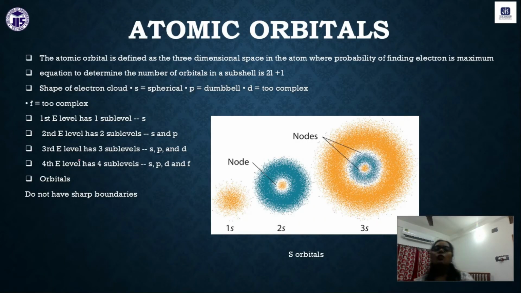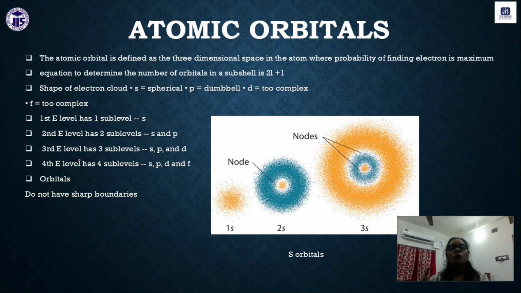Okay, now we will discuss the atomic orbitals. Now, we have some differences between orbit and orbital. Orbit means the electron will revolve around the nucleus in a specific track, that is called orbit.